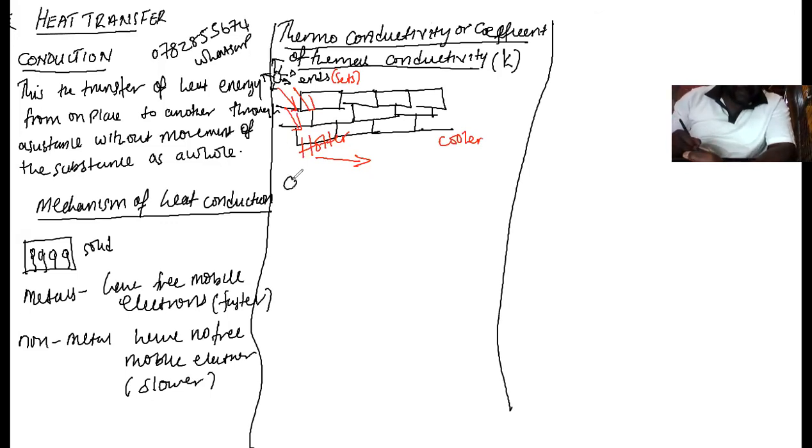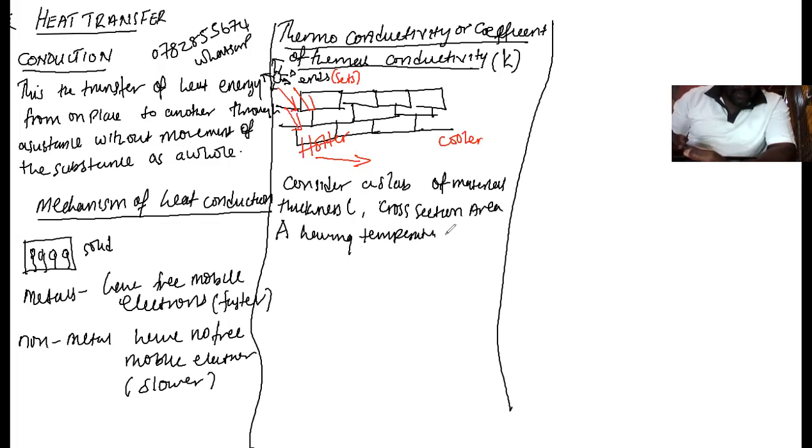Now, if you consider a slab of material of thickness L, cross-sectional area capital A, having temperatures θ1 and θ2 at the ends.